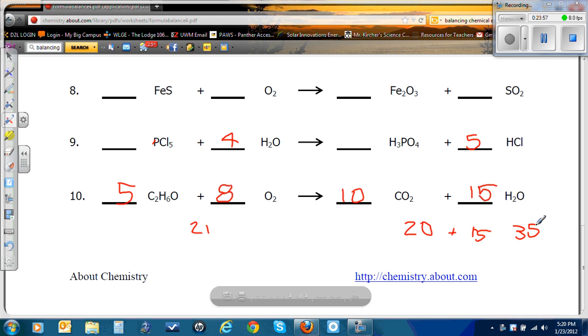I may be doing this one wrong, but we'll check it. So we have 21 to 35. It's still a multiple of 7 that we're working with. Oxygen is the last part of that. So we have 5 and 16, 21. We're trying to get to 35. So let's reapproach this one.